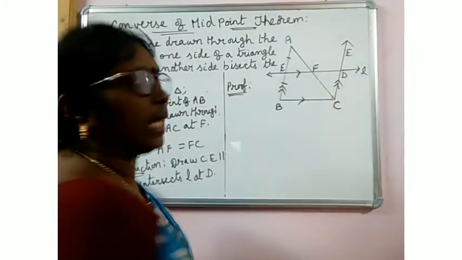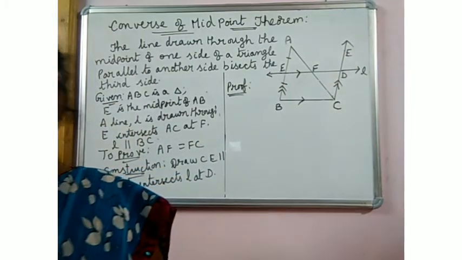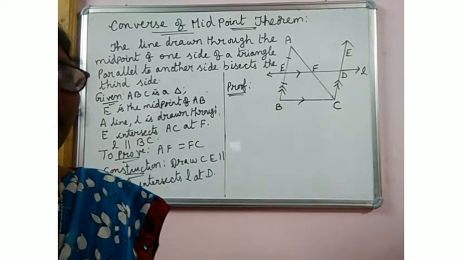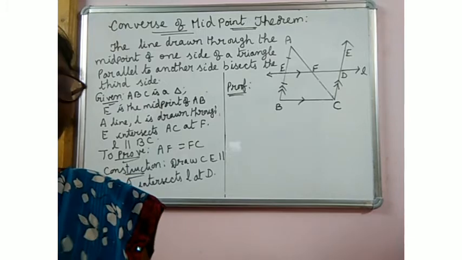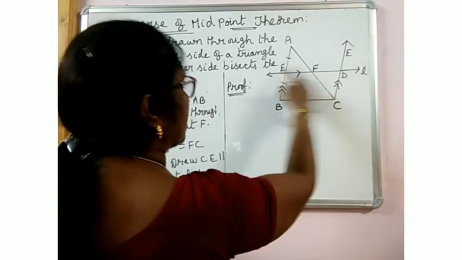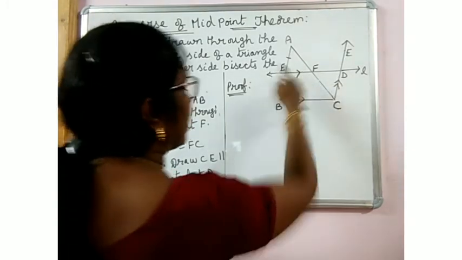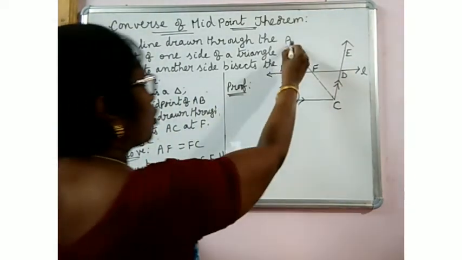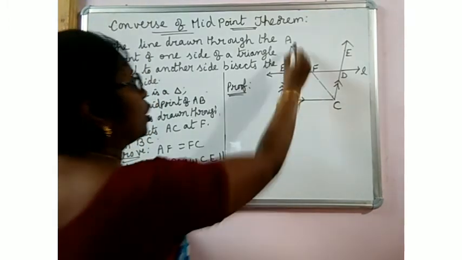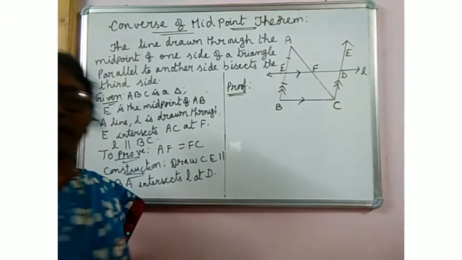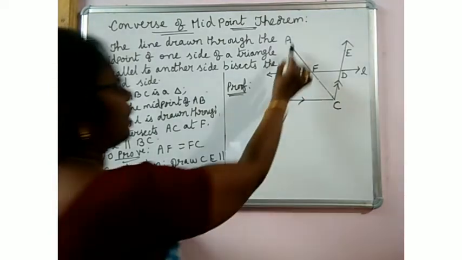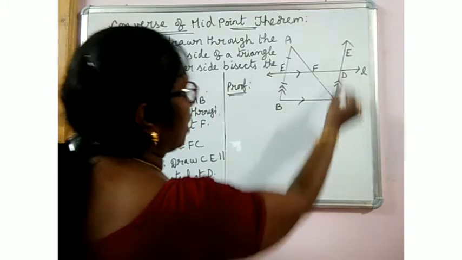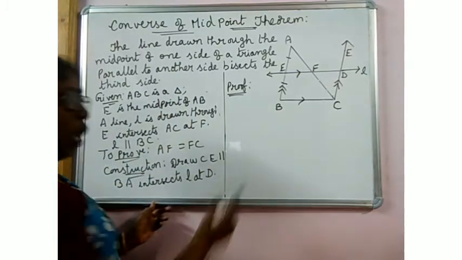So EBCD is a parallelogram. You know that if in a quadrilateral both pairs of opposite sides are parallel, the quadrilateral is a parallelogram. So EBCD is a parallelogram. If EBCD is a parallelogram, EB is equal to DC. But we know that AE is equal to EB. So AE is equal to DC.